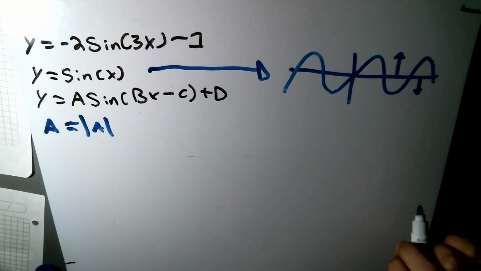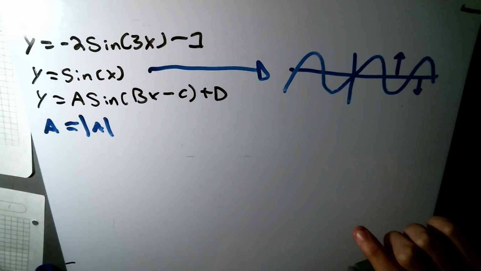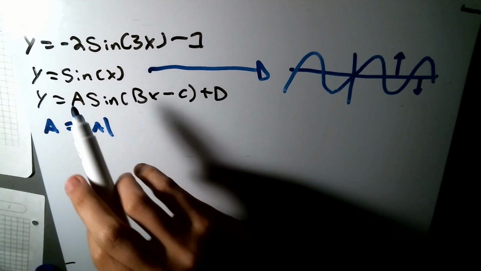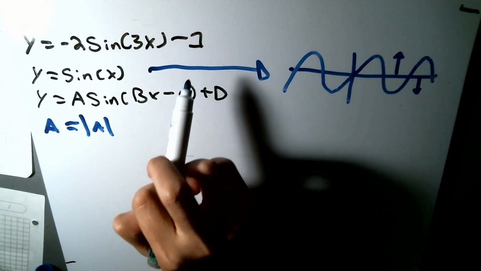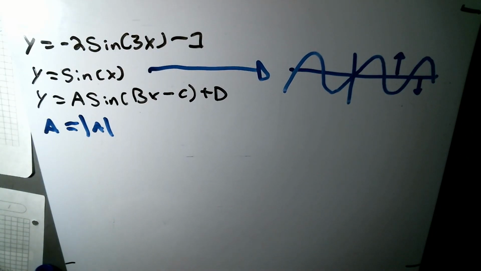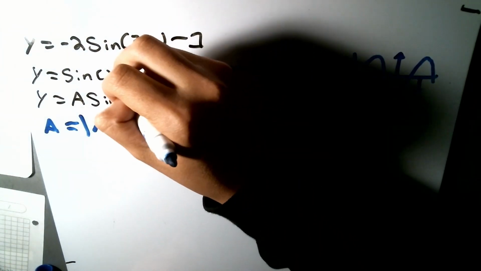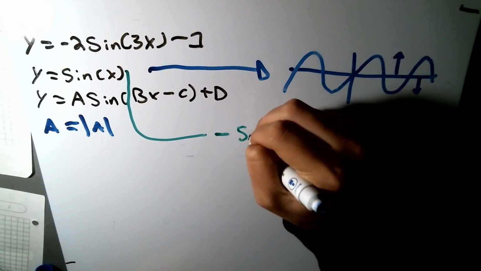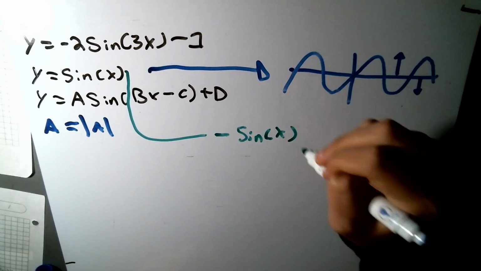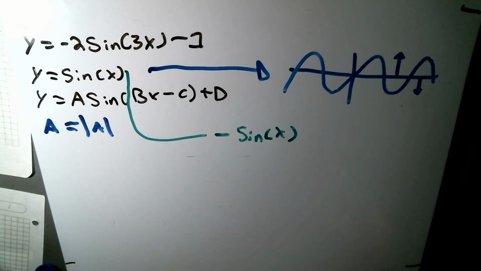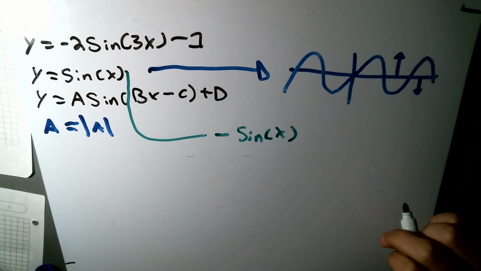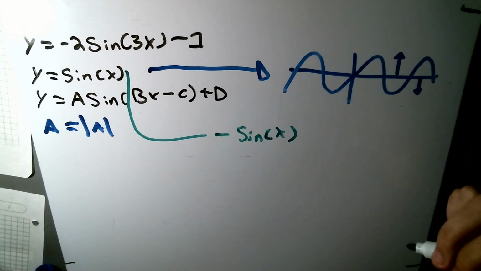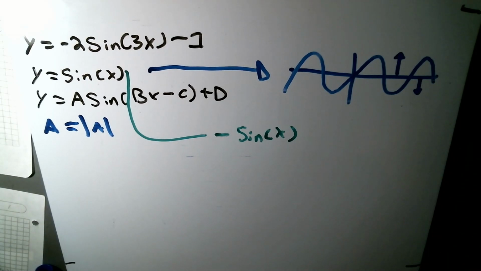Sorry, I forgot to mention what the sign of a does. Here we have minus 2 sine of 3x minus 1. So I'm going to take the sine function and turn it into minus sine of x. This might look like just a small change, but it pretty much inverts the whole graph.